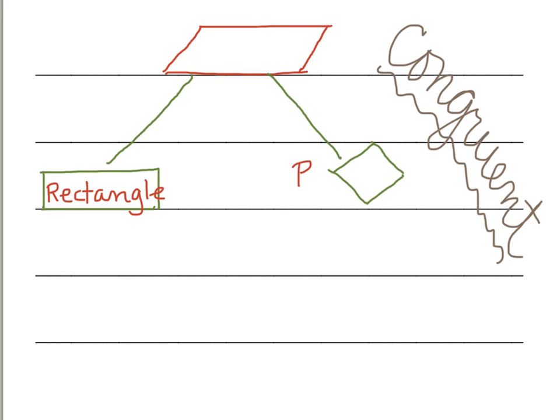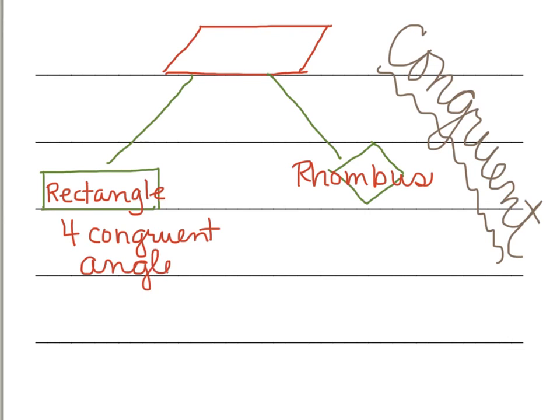Kind of a weird spelling of the word too. Rhombus. Now here's the difference. This, a rectangle, has 4 congruent angles. Remember, that means same size, 4 congruent angles.